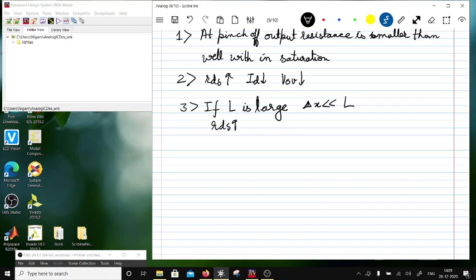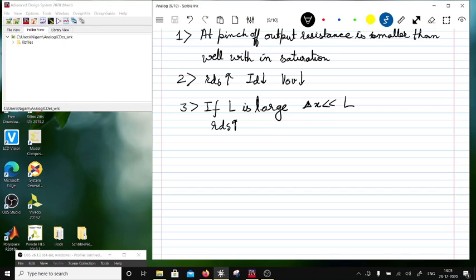That means if you check a device which is long channel, or L is large, then the output resistance is large. If L is small, delta X is a much larger percentage of L, then the output resistance is less. So if you make a device with a shorter length, the output resistance is going to be lower.